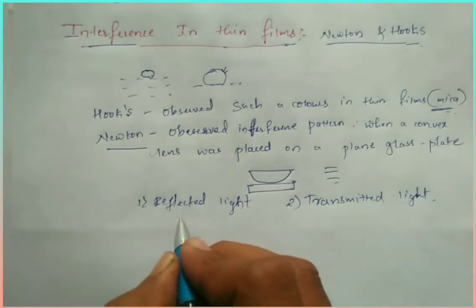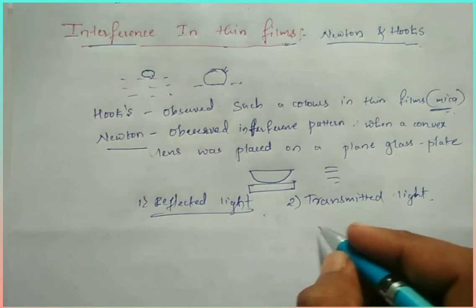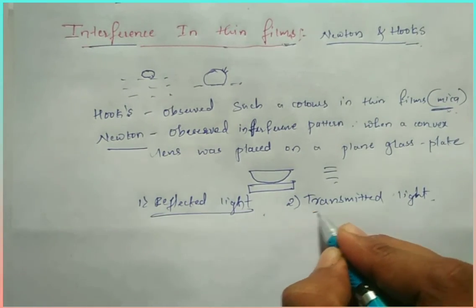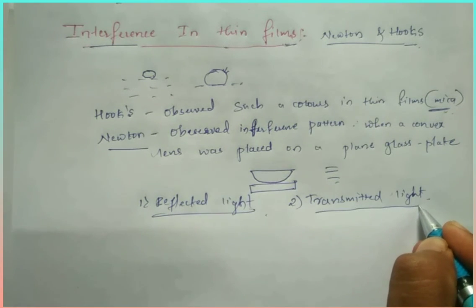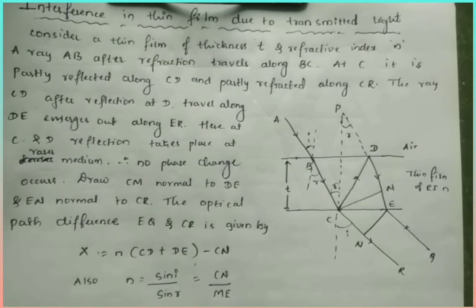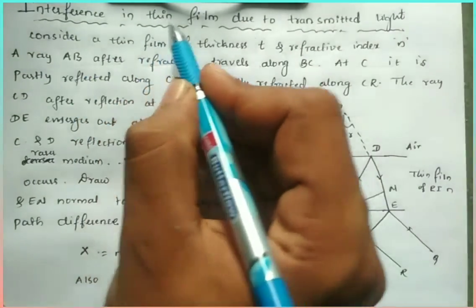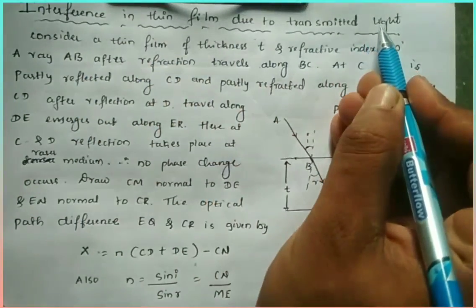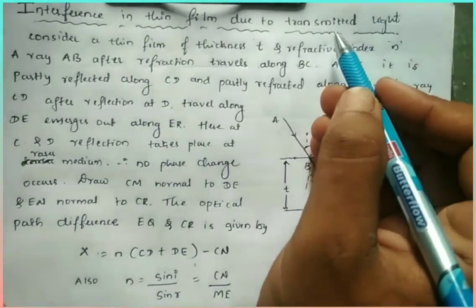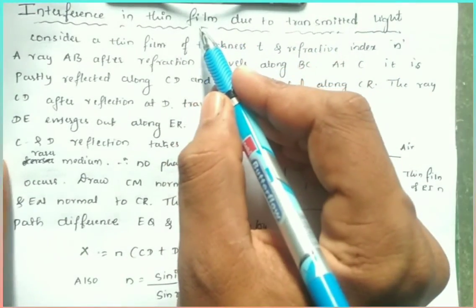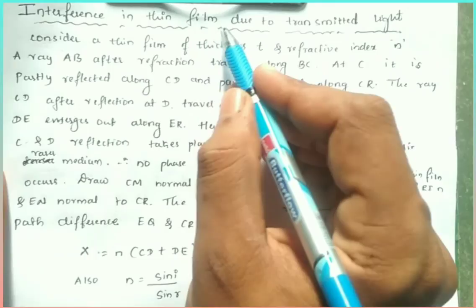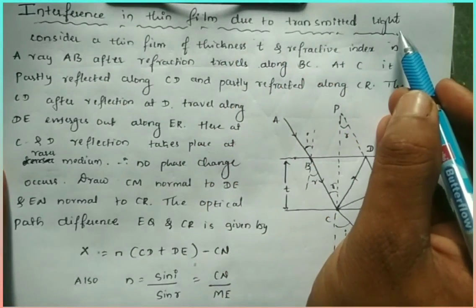Already we discussed the reflected light, and now we have to discuss the transmitted light. Now, interference in thin film due to transmitted light. We observe the interference phenomenon in a thin film due to transmitted light.